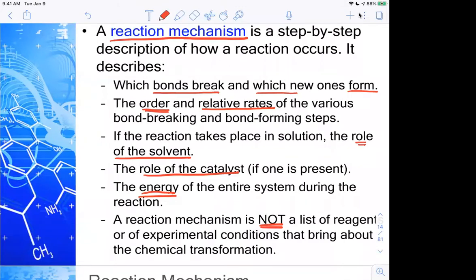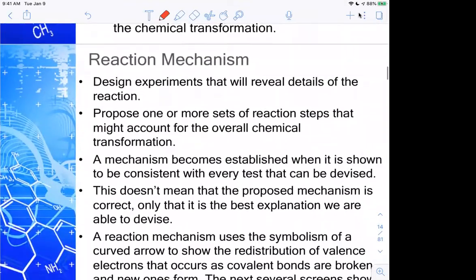When a bond breaks, my electrons are going to be moving, and I'm going to use those double-headed arrows in order to track the movement of electrons, just like we did with resonance, and just like we did when we started looking at how bonds were made and broken in those acid-base reactions.